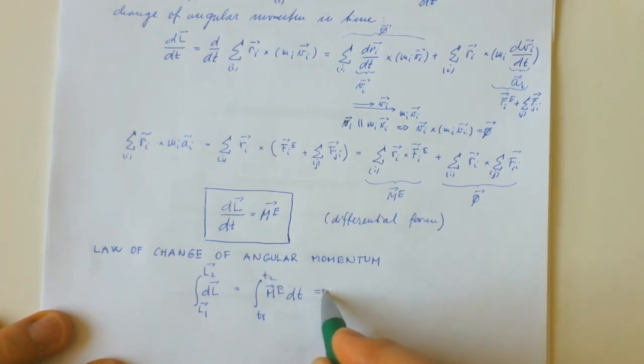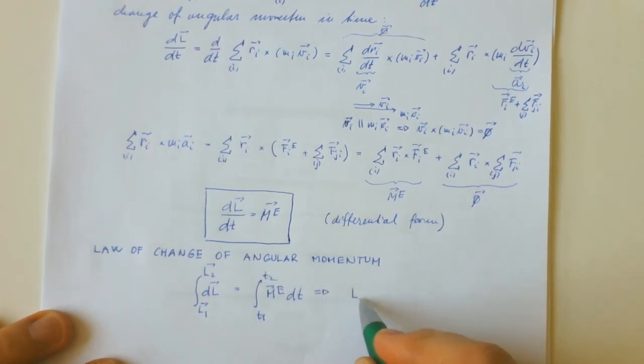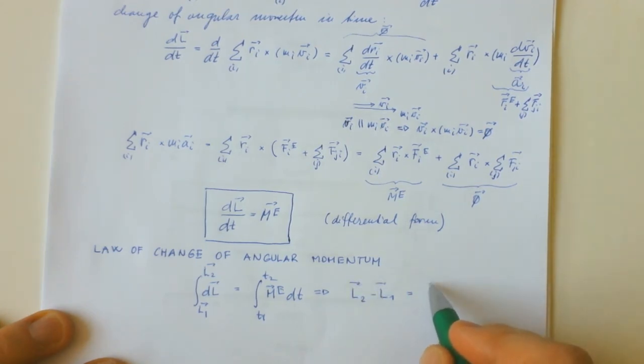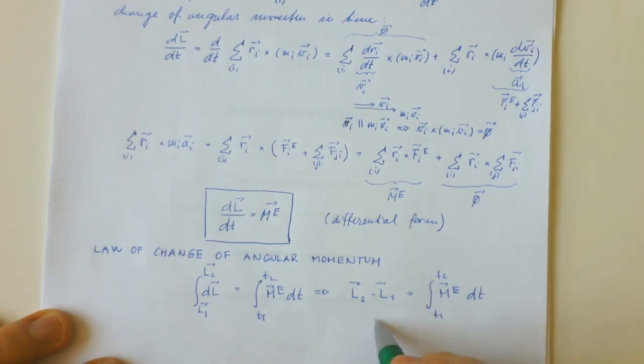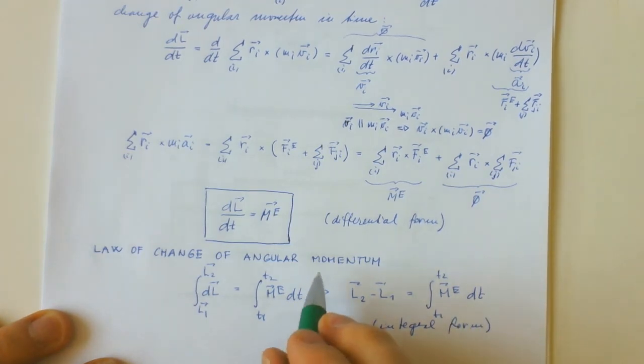So we get from this L2 minus L1 is equal to the integral of Me dt from time 1 to time 2, and this is the integral form of this law, differential and integral form.